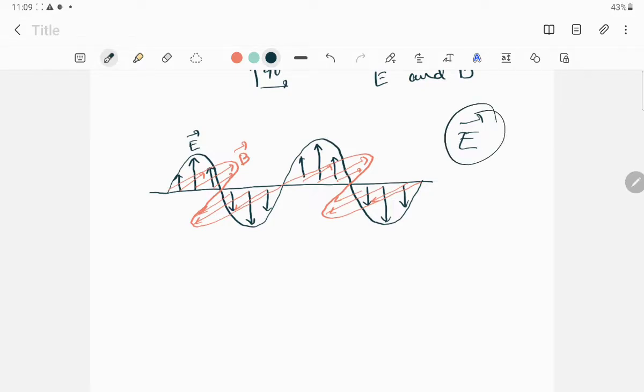You should always keep in mind that whenever we consider the electric field vector, there will also be a magnetic field vector perpendicular to it, but to avoid confusion and mess in the diagram, I am just leaving it out. The same thing happens for the magnetic field also, if you are going to explain polarization.